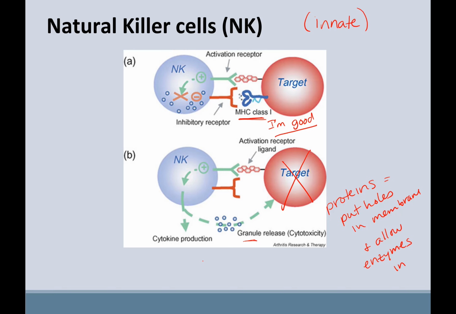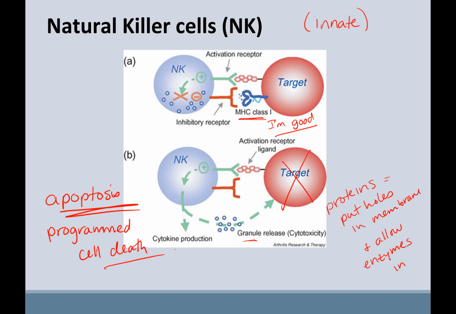And the final, I just lost what I was going to say. Apoptosis is what I'm trying to say. But the end result is apoptosis. So apoptosis is programmed cell death.